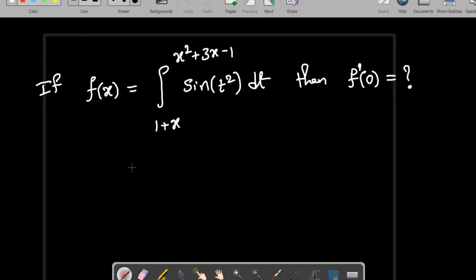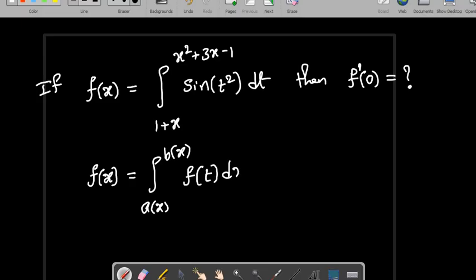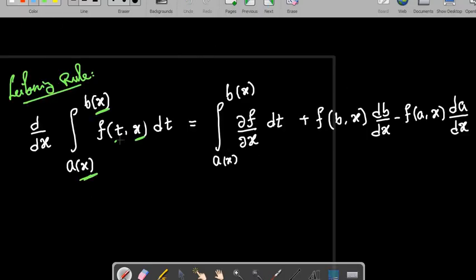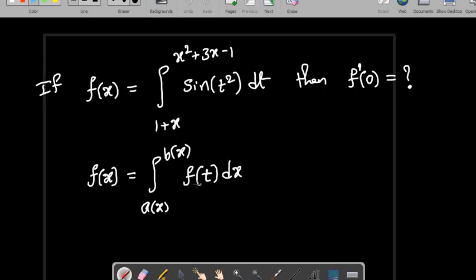Here if you observe, f of x is looking like this. The lower limit is a of x, and the upper limit is b of x. And here you have a function of t only. But in the formula you have a function of t comma x, whereas here we only have a function of t.